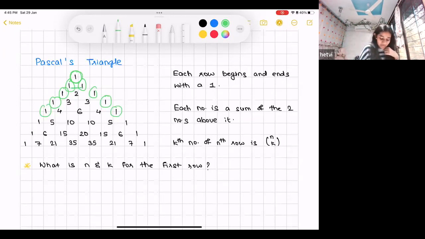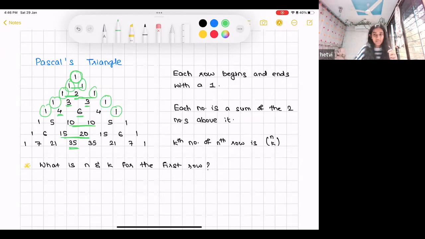So 1 plus 1 gives us 2, 1 plus 2 gives us 3, 2 plus 1 gives us 3, then 3 and 3 gives me 6, 1 and 3 gives me 4, and so on. Over here 10 and 10 gives me 20, 15 and 20 gives me 35. And since there's no way to stop this, it goes on forever. You can have an infinite number of rows in this triangle. So that is a basic way of constructing Pascal's triangle.